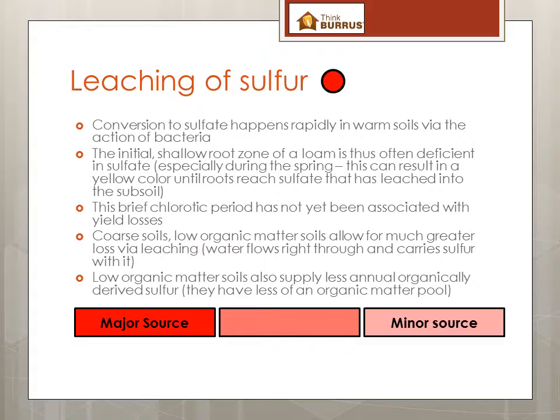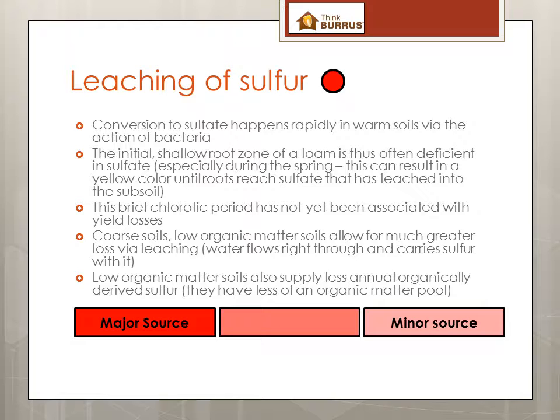This conversion to sulfate, to a negatively charged molecule, is really similar to what we see with nitrogen, right? Nitrogen is converted into nitrate. Nitrate is negatively charged. The soil is negatively charged, and we know that we can lose nitrogen from the soil. Okay, sulfate's the same thing. In particular, we lose it through leaching. It just washes that negatively charged, not tightly held molecule through the soil profile.